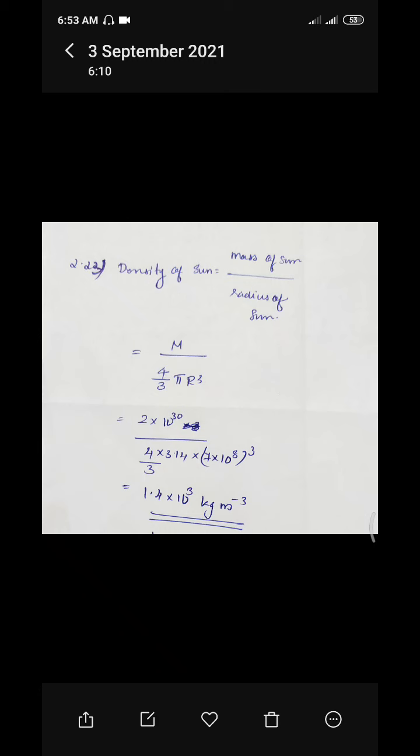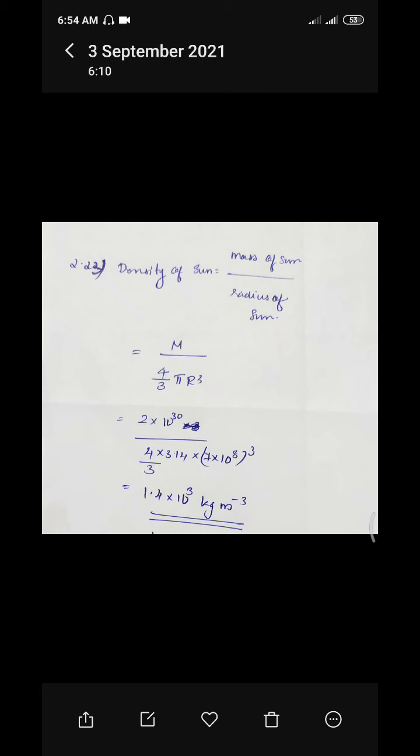In what range do you expect the mass density of the Sun to be, in the range of densities of solids and liquids, or gases? Check if your guess is correct from the following data. Okay, we have to find out the density of the Sun now.